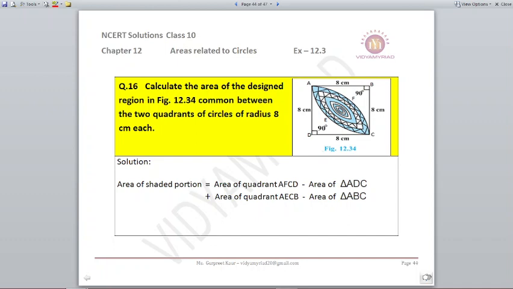If we look at AFCD from the D point of view, the quadrant is formed, and from there we need to subtract the area of the triangle to get that shape. Similarly, looking at the upper part from the B point of view, ABCE will be the quadrant. From there we need to subtract the area of triangle ABC to get that shape.